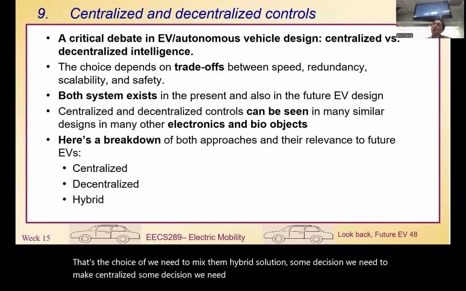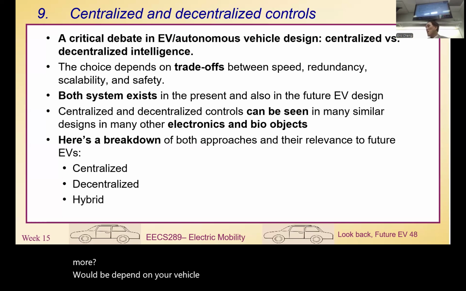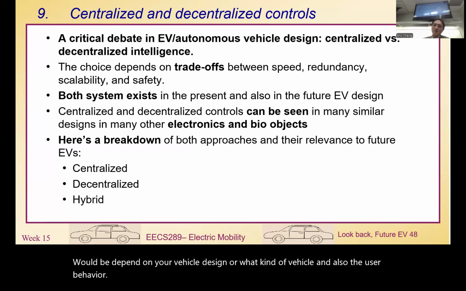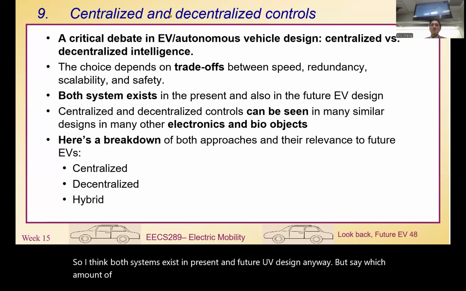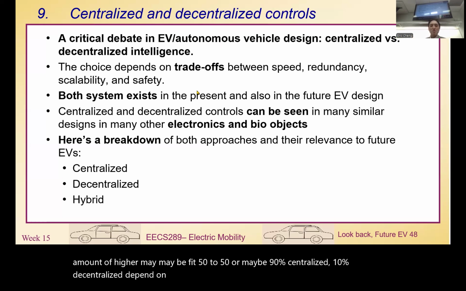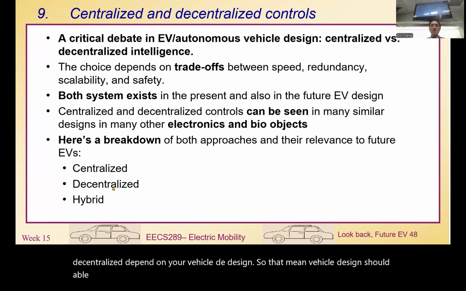Which one is more depends on your vehicle design, what kind of vehicle, and also the user behavior. Both systems exist in present and future EV design anyway. Which amount is higher may be 50-50, or maybe 90% centralized and 10% decentralized, depending on your vehicle design. So our vehicle design should be able to provide centralized, decentralized, or a hybrid combination.